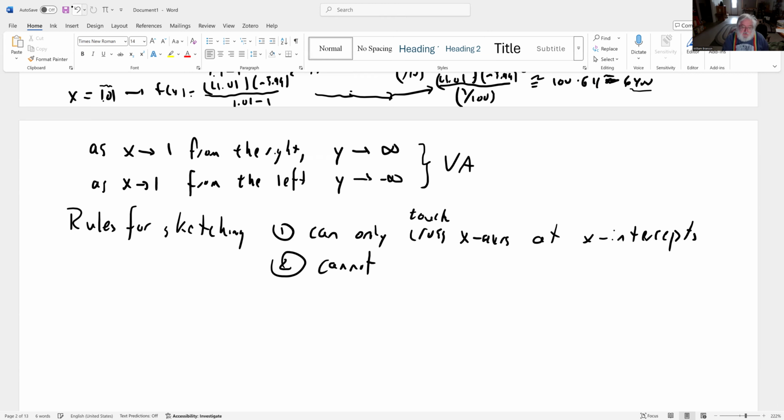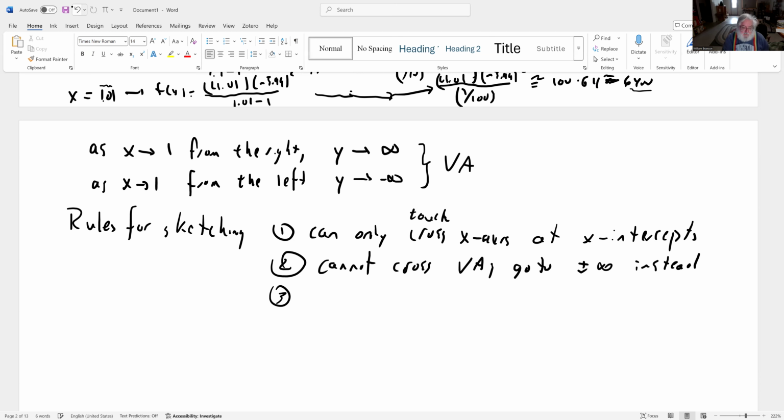You cannot cross vertical asymptotes. You go to plus or minus infinity instead.